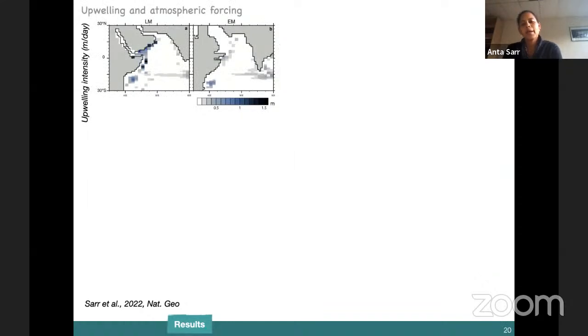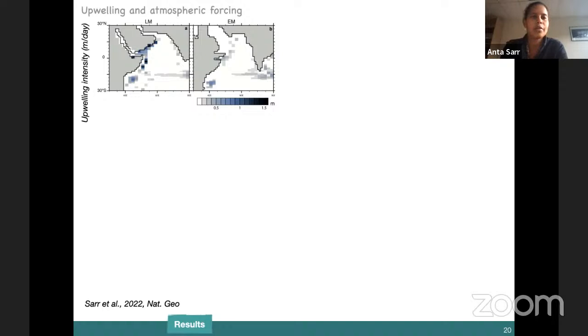So now looking at maps to try to figure out the link between upwelling and atmospheric circulation, because we are able in the simulation to reproduce this increase of productivity associated with increased upwelling during the late Miocene. Here is a map of the vertical velocity of the top layer of the ocean, which can be assimilated to upwelling intensity.